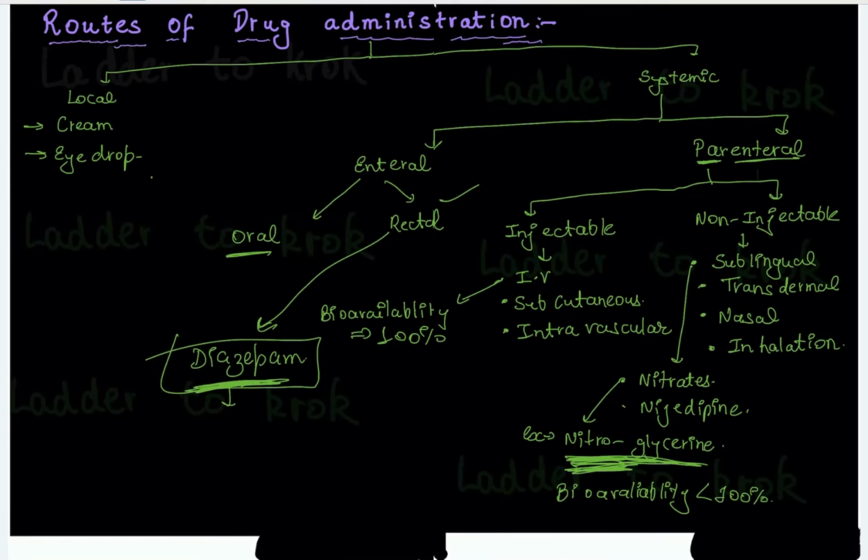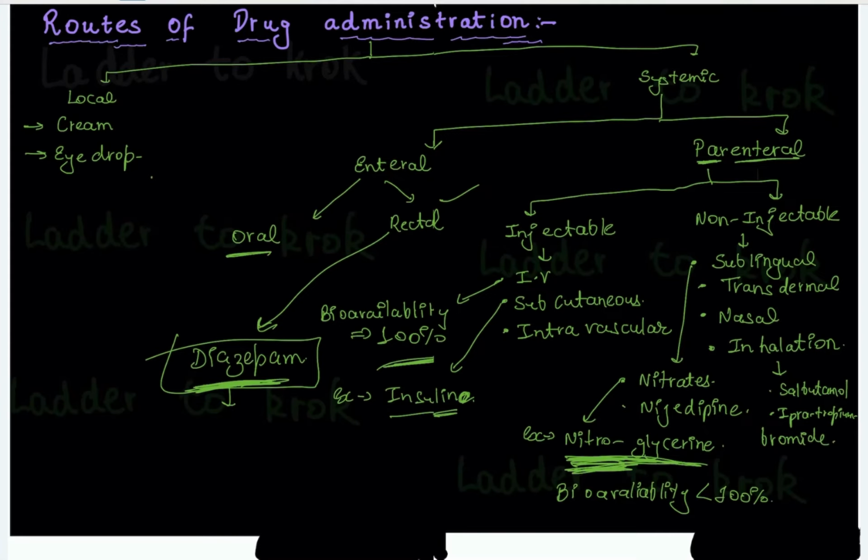IV, intravenous bioavailability is 100%. Remember this. What do we give intracutaneously? Any example that you remember? Insulin. Now what we take by inhalation: in an asthma patient we give salbutamol and ipratropium bromide.